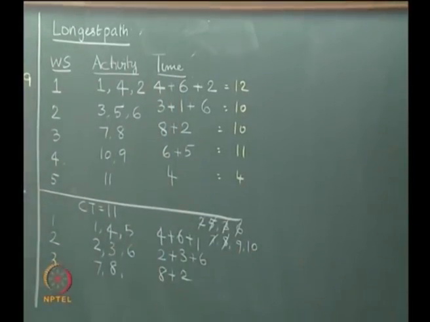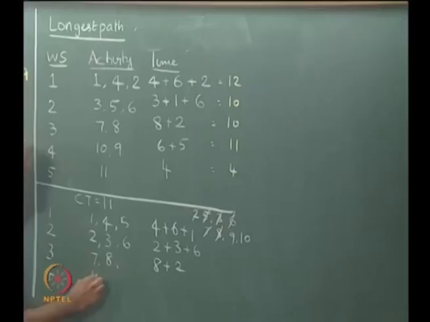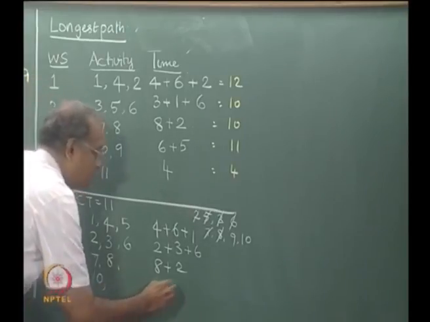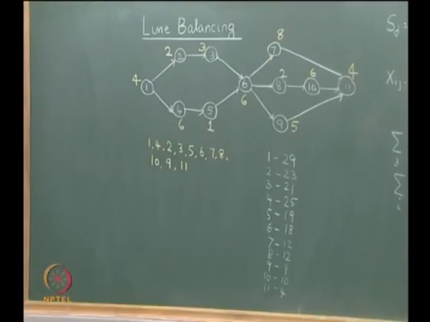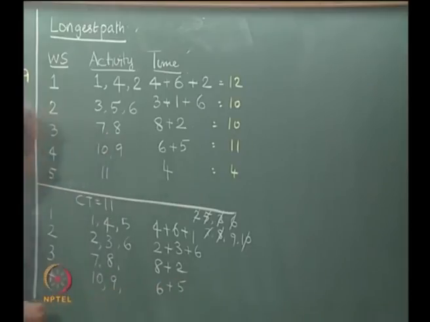Now between 10 and 9, 10 is first, so create a fourth workstation with 10. 10 has time equal to 6, 10 goes, then comes 9, 9 has time equal to 5, and then we need to create a fifth workstation with 11 and time equal to 4.